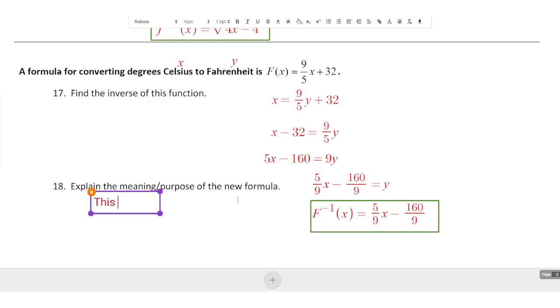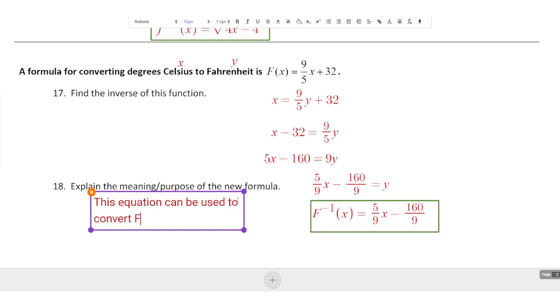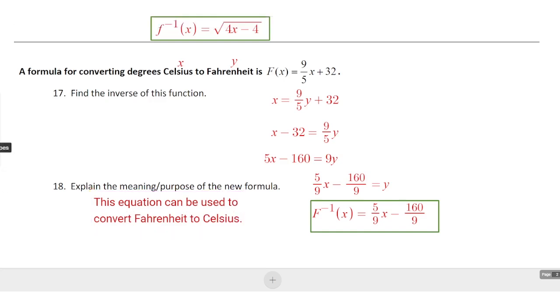This equation can be used to convert Fahrenheit to Celsius. And you don't have to word it exactly like that. You can put it in your own words, make sense of it yourself.